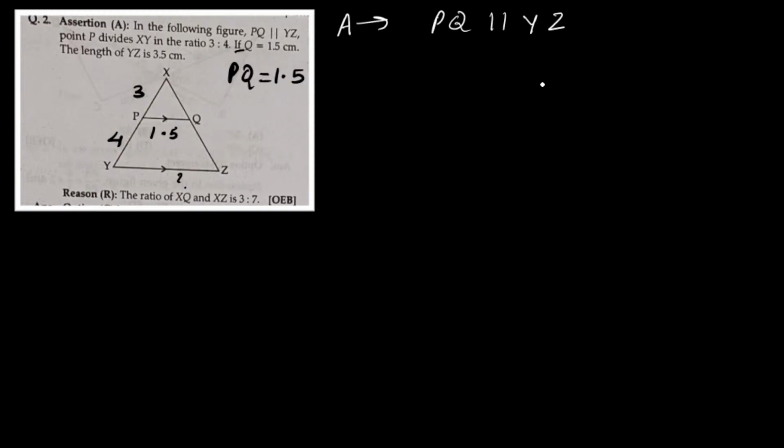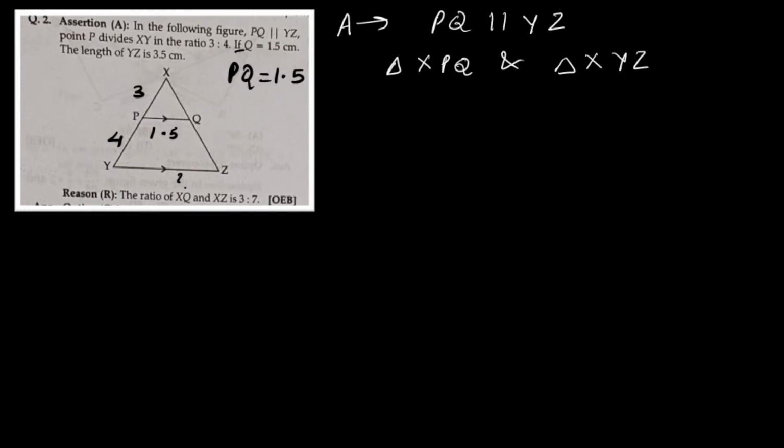Now we will make use of similarity again. We'll make use of similarity because we have to find the value of YZ. So first of all, we have to check. See, two triangles are there. Similarity I have to check for two triangles. Triangle XPQ and triangle XYZ.